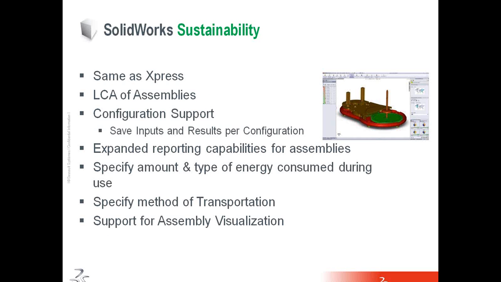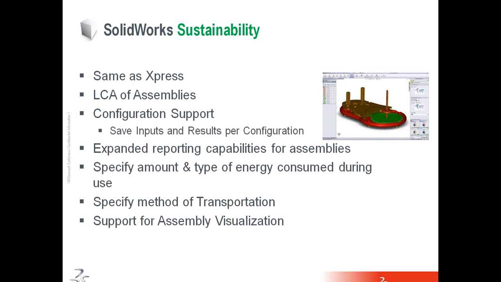Apart from that, you can specify the method of transportation from the manufacturing region to the usage region. This is again very critical when you're talking about manufacturing in, let's say, India, and your product is being exported and used elsewhere, let's say in North America. So obviously there is some environmental impact that is happening during the transport phase of the product.